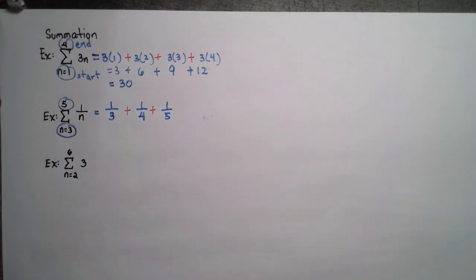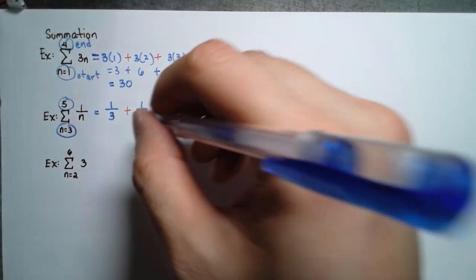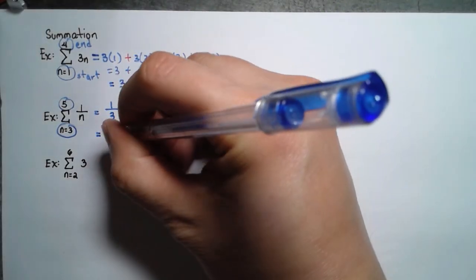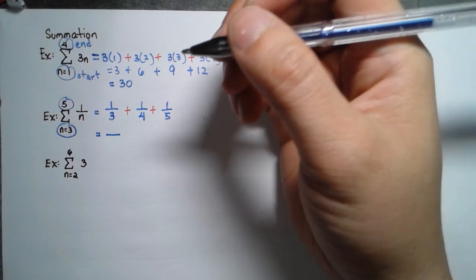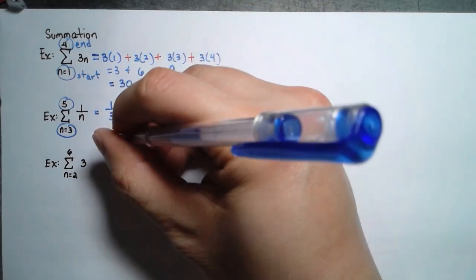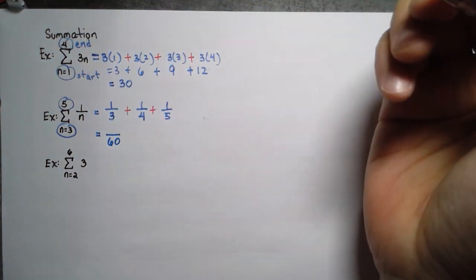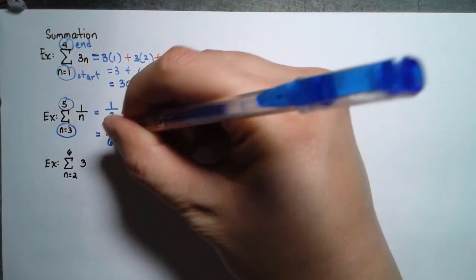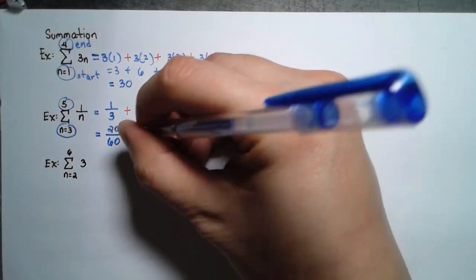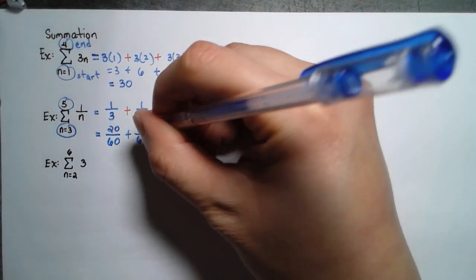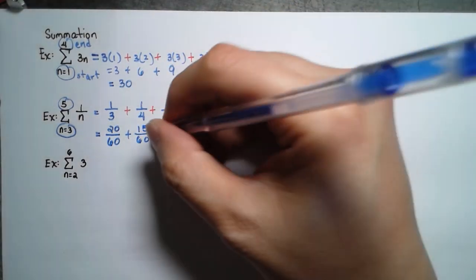Now, in order to add them, once again, it's just basic math. You need to have a common denominator between 3, 4, and 5. That common denominator would be 60. 3 times 20 will give me 60. 4 times 15 will give me 60.